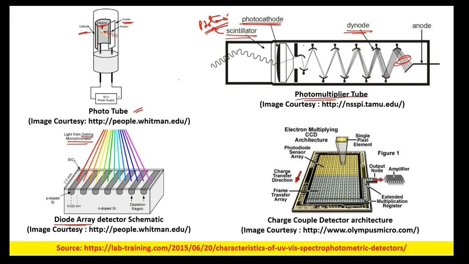Similarly, we have charge coupled detectors. In the charge coupled detectors, you have an array of detectors where a similar kind of thing happens, and the quantum efficiency of the charge coupled detector is very high.